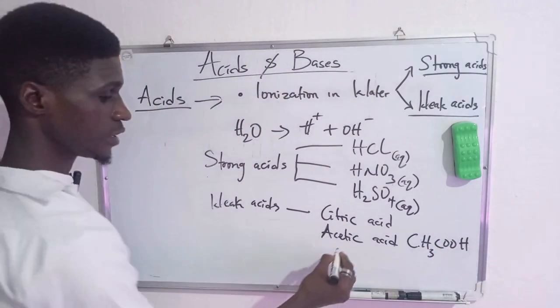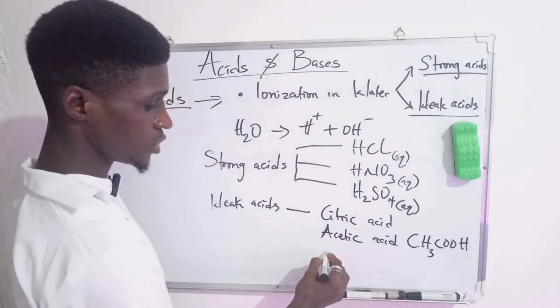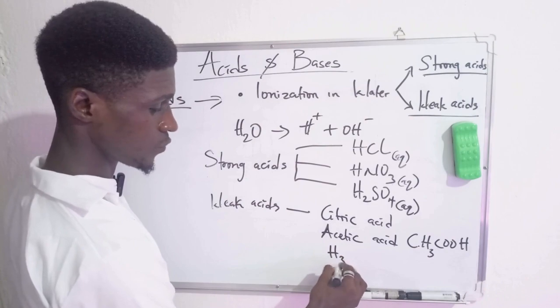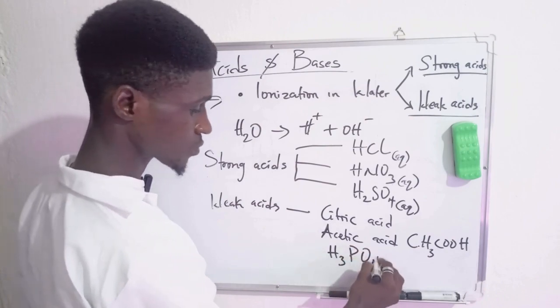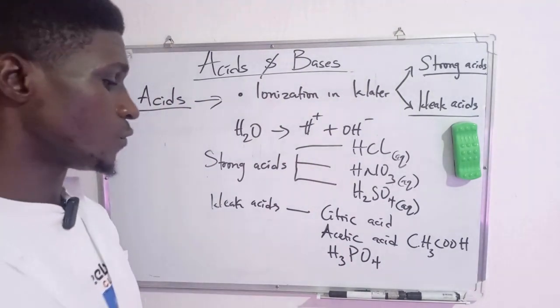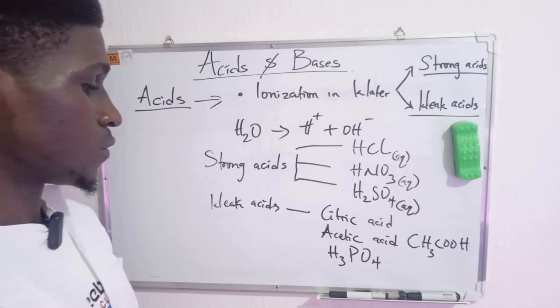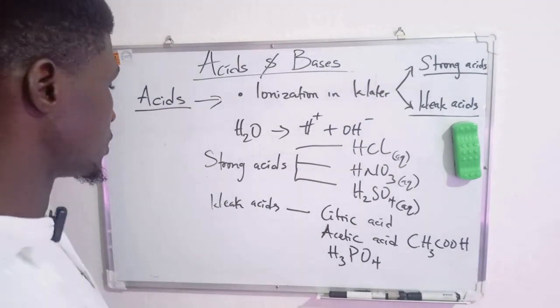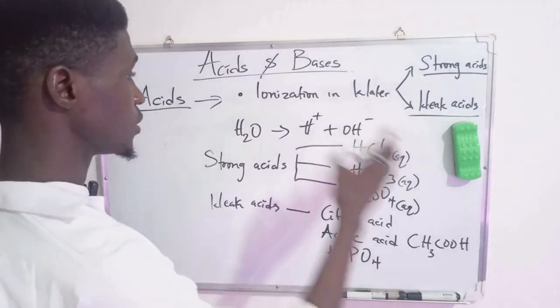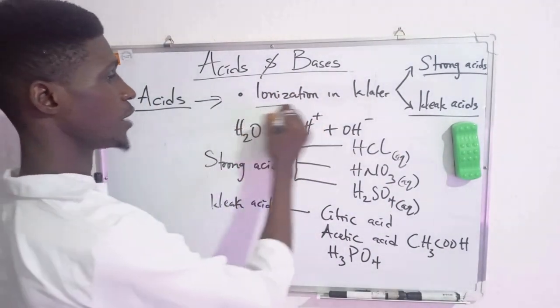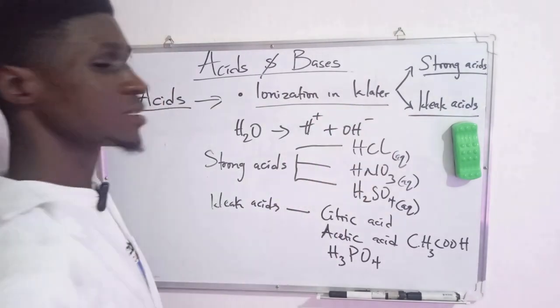Then we have mentioned them, there are a lot. We can have this, which is your phosphoric acid. Apart from this category, which falls under ionization in water, we can still have other types of acids.